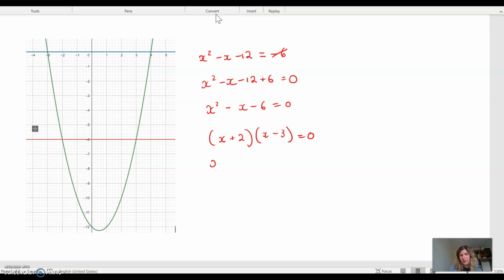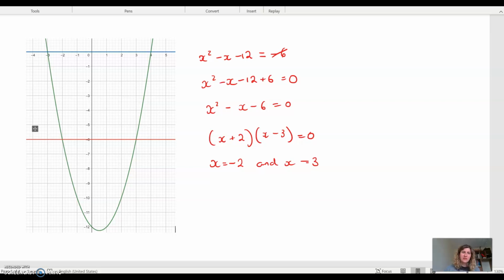So therefore you have x values at -2 and x equals 3. So that's what we're doing whenever we're solving for an equation. We're always looking for where our y value crosses with our curve or our straight line or our circle or whatever we're looking at in our equation.